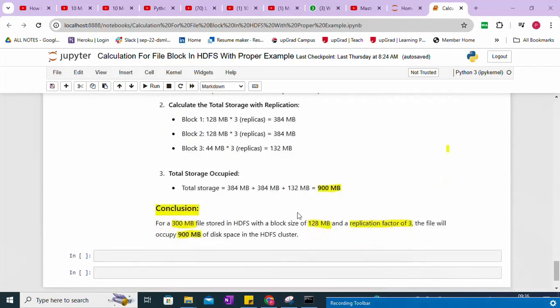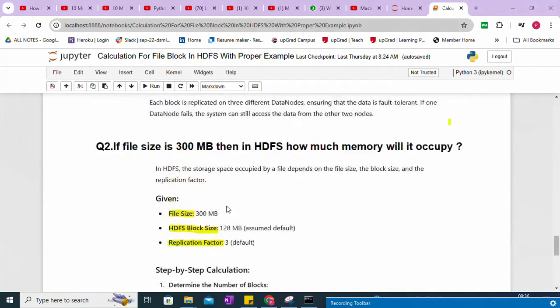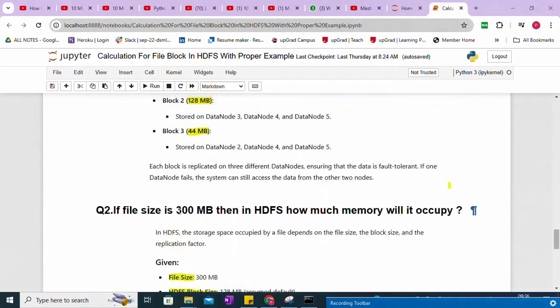The conclusion: whatever the question was, if my file size is 300 MB, then in HDFS how much memory will it occupy? Generally, people will say, sir, if my file size is 300 MB, then it will occupy 300 MB only in HDFS. But that is wrong.